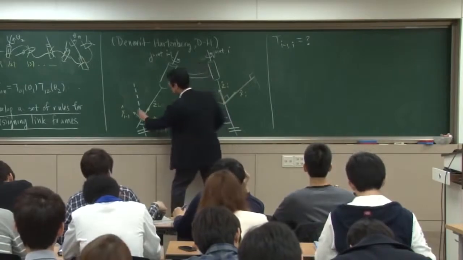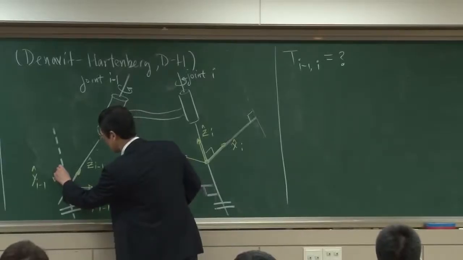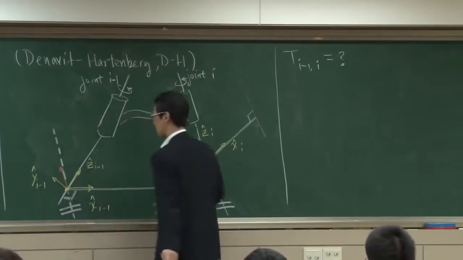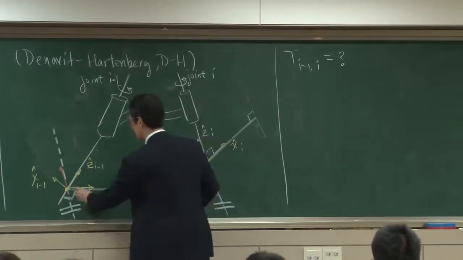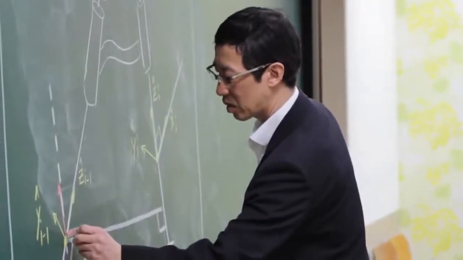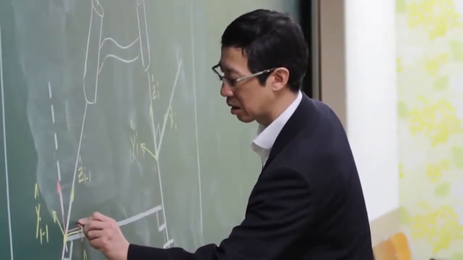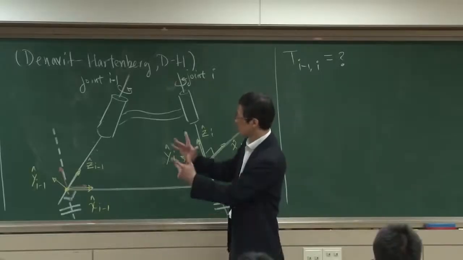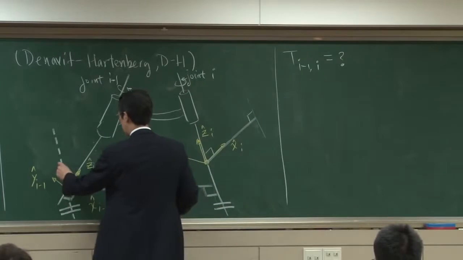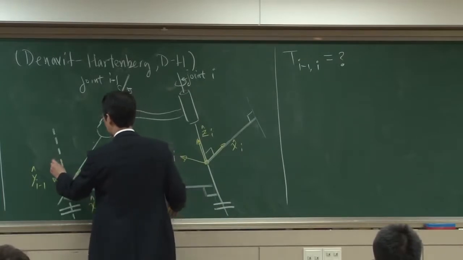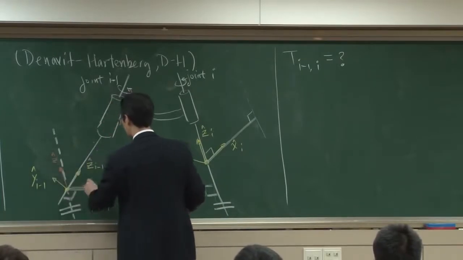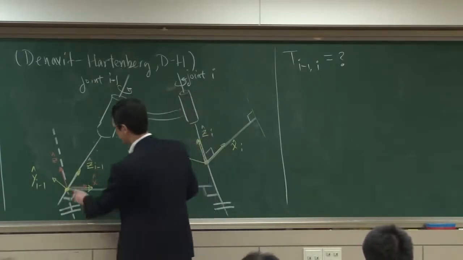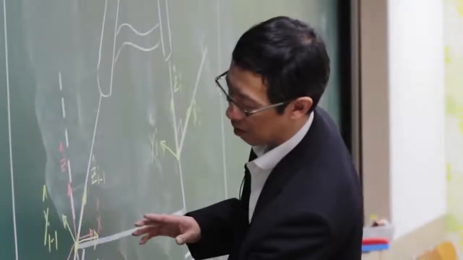This time the z-axis of this frame is going to be along this dotted line, and the x-axis is going to be in the same direction. So the y-axis will have shifted, right? That's my z direction. This is still my x direction. My y direction will now have shifted maybe over there.